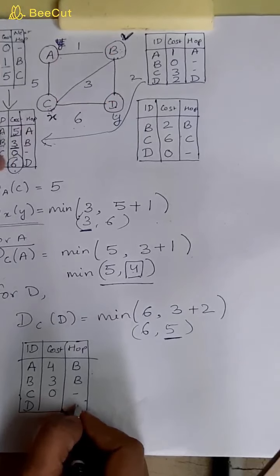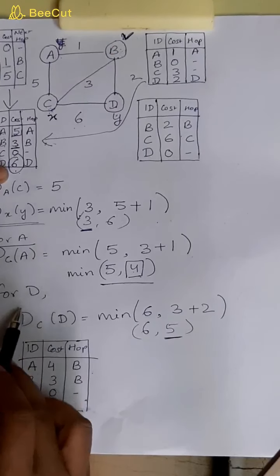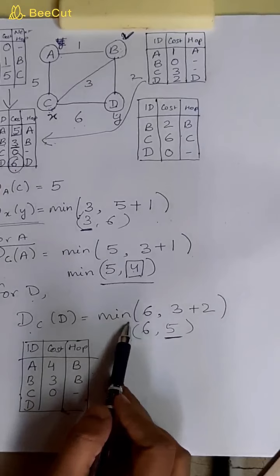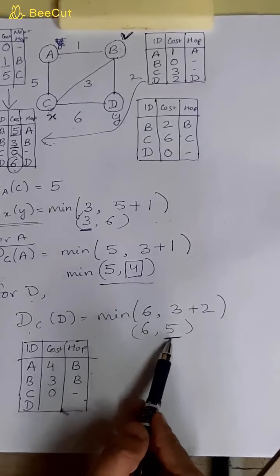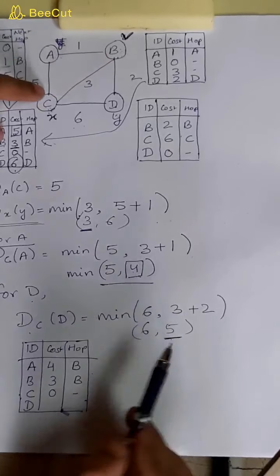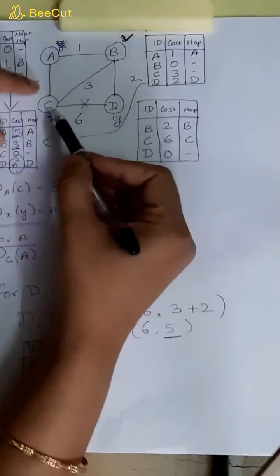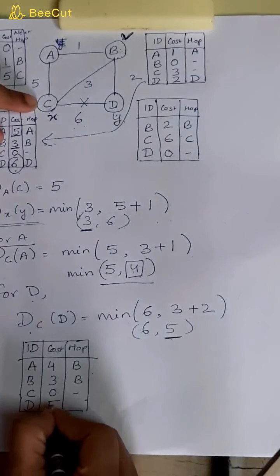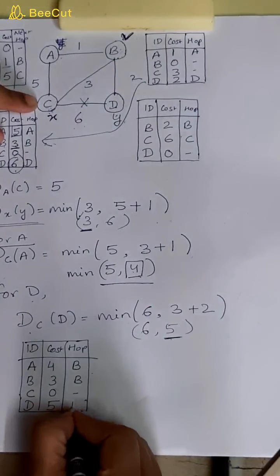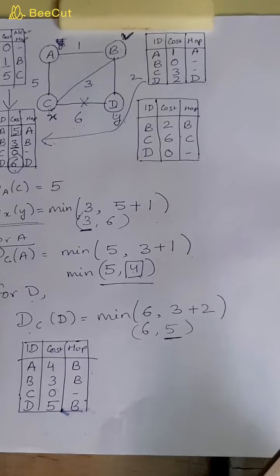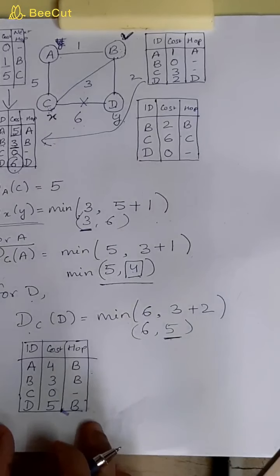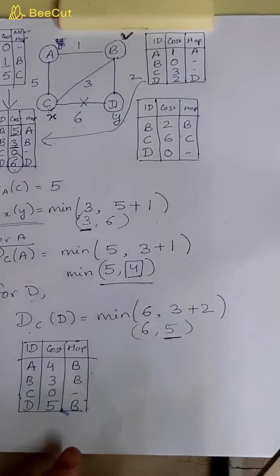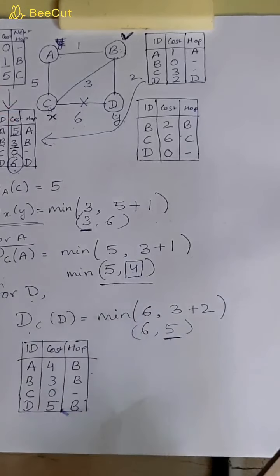For node D, earlier it was 6, but now with the formula we have seen, we have estimated the lowest one, and now we were getting 5 via B. So we are not taking this route, we are taking C to B and then B to D. So now the new cost is 5 and we are taking it via B. So the new table will be estimated like this. Likewise, for other nodes also, tables will be shared and the lowest cost will be estimated and updated.